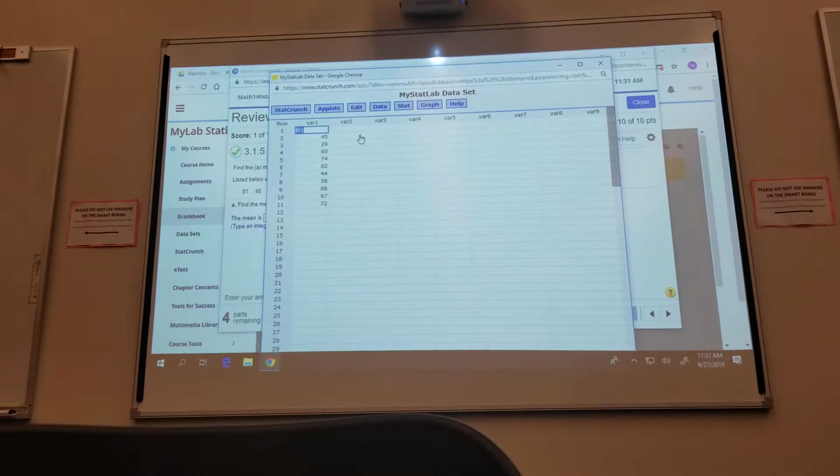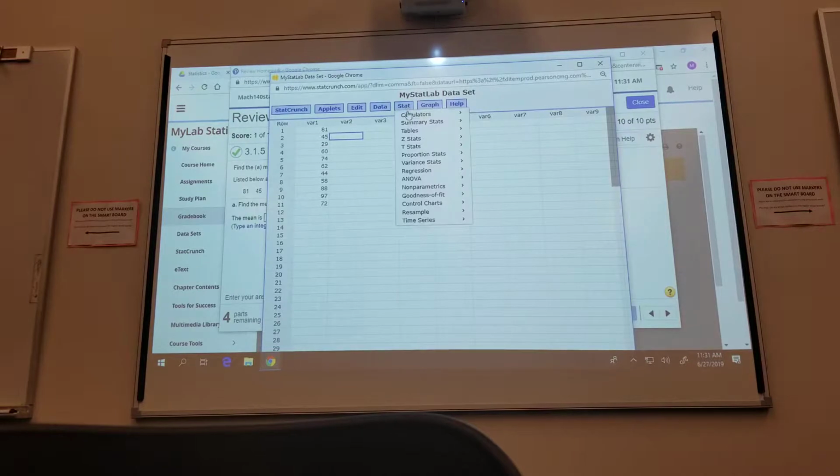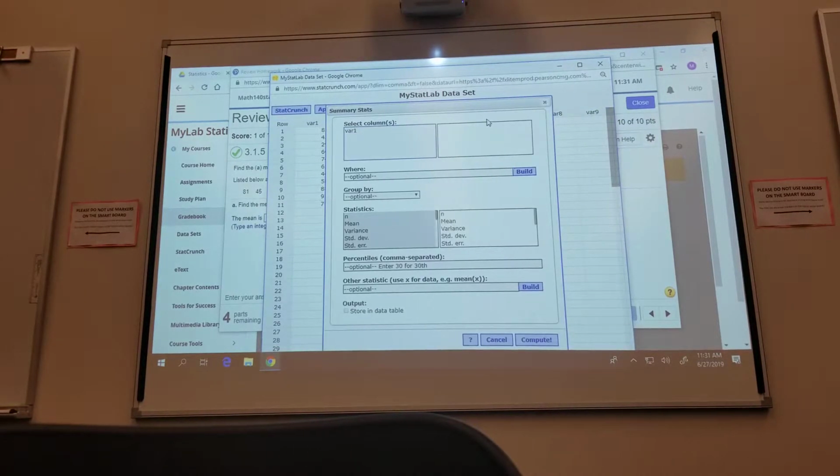Then click Stat. So what is she trying to find? The mean. Then click Stat, and then Summary Stats, Columns. Why columns? Why not rows? Because then you'll just be getting one value instead of all the values. Because all the values are in a column, not in a row.